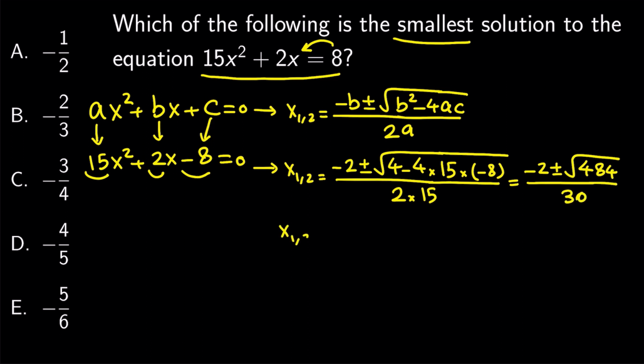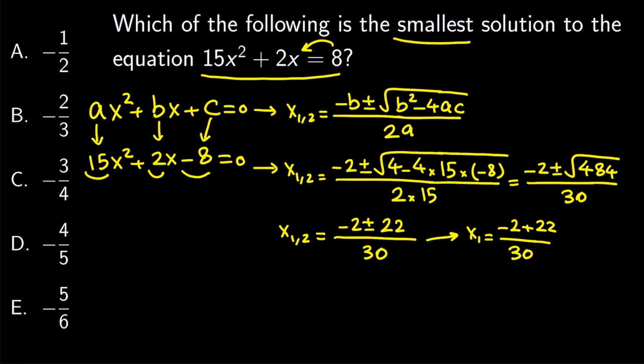Which gives us x1 and 2 equals minus 2 plus minus square root of 484, which is 22, divided by 30. Now, the bigger solution is given by minus 2 plus 22 divided by 30, and the smaller solution is given by minus 2 minus 22 divided by 30.